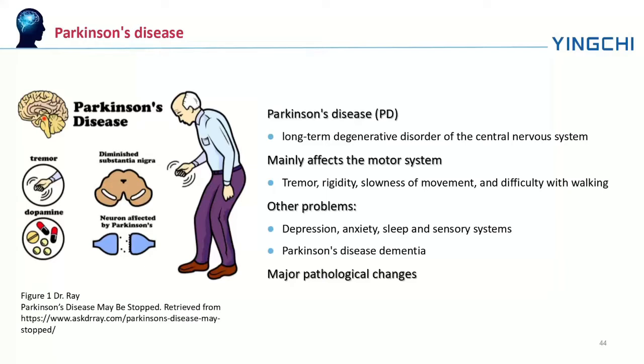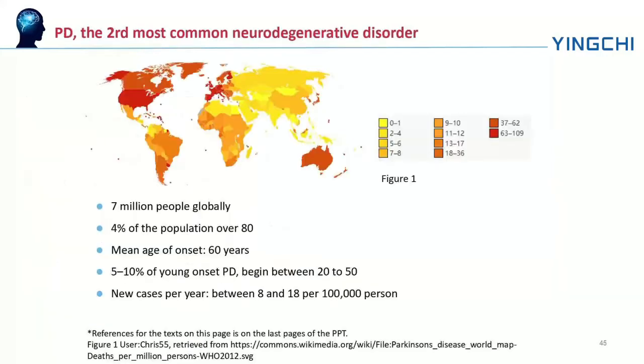The major pathological change is a diminished substantia nigra, causing a deficit of dopamine. More than 7 million people globally are affected by PD, the second most common neurodegenerative disorder.